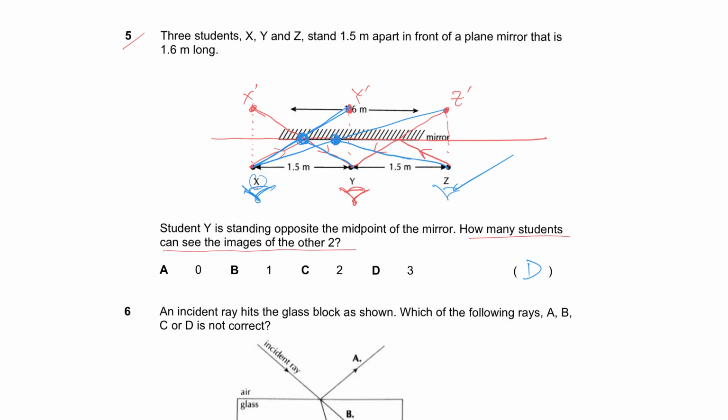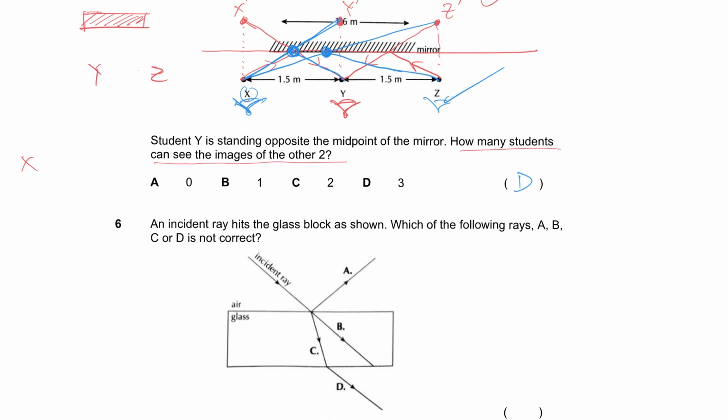But don't treat it as something to memorize the answer, because I can also give you a question where, let's say, what if the mirror is really lopsided to one side, and then this is your Y and this is your X and this is your Z, and the mirror is just a small section. So like I said, the only way to know is to actually draw out the ray diagram to be sure.